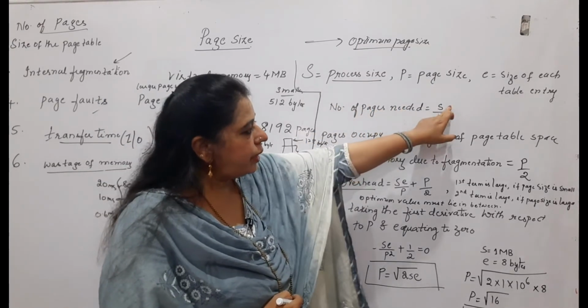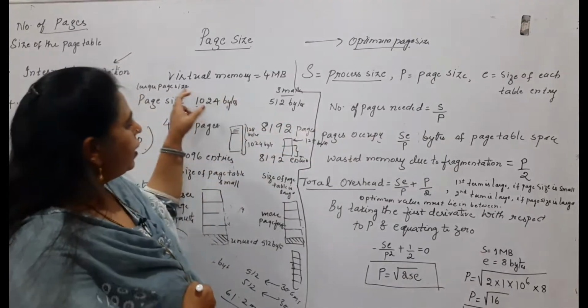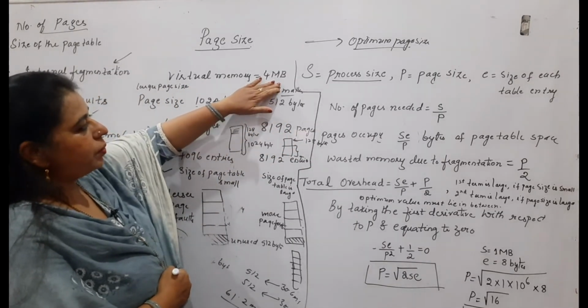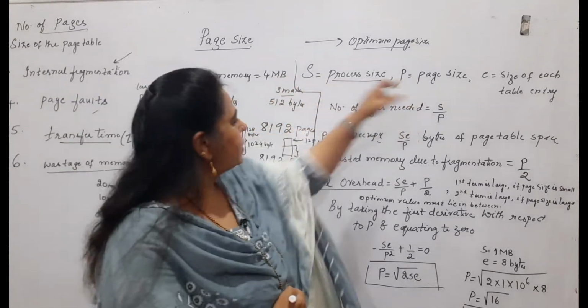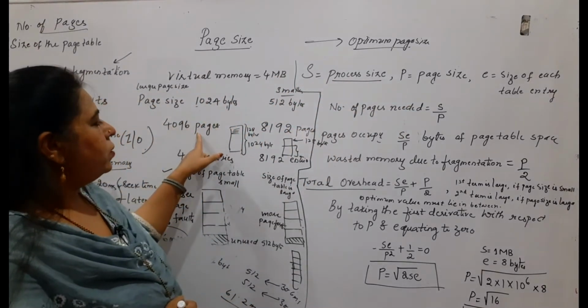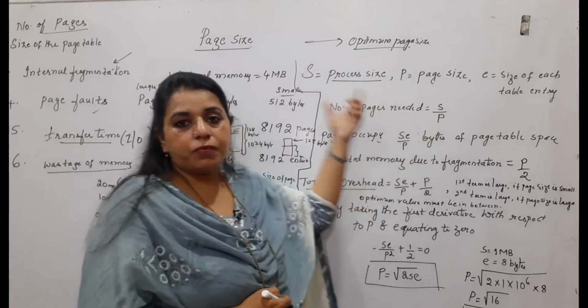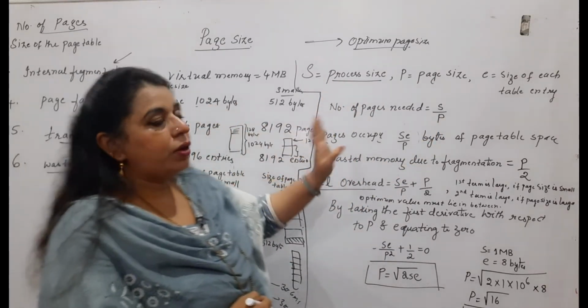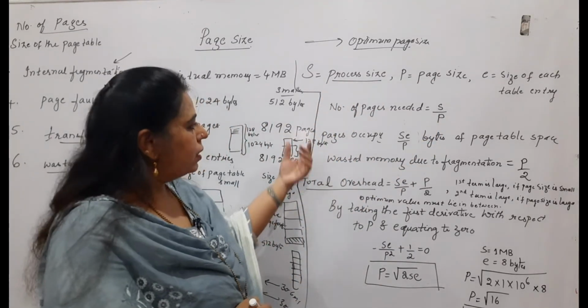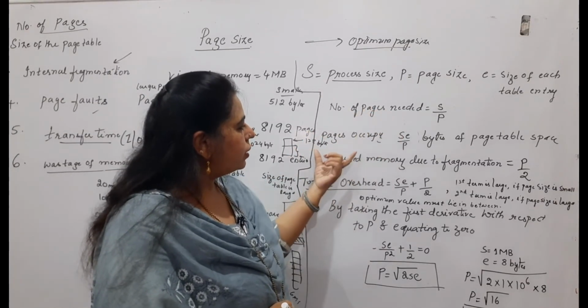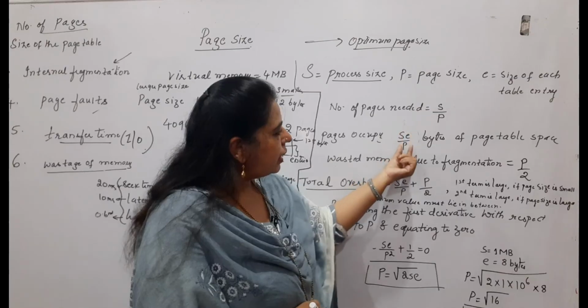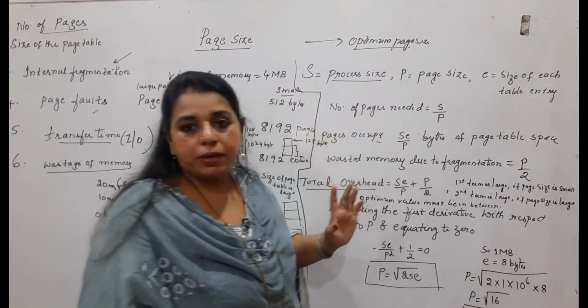Pages needed is S divided by P. See, if the process size is 4 MB and the page size is 1024 bytes, then 4 MB divided by 1024 gives you 4096 pages. These pages occupy S times E divided by P bytes of page table space.